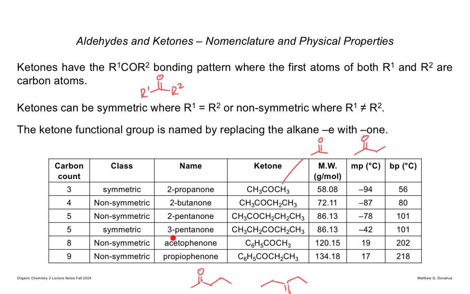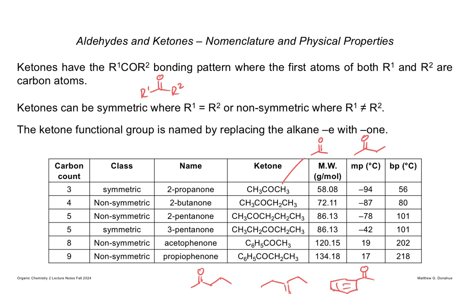For aromatic ketones, these typically have common names. So if you have the aromatic part, and then based on the number of carbons on the other part, that's where these names come from.